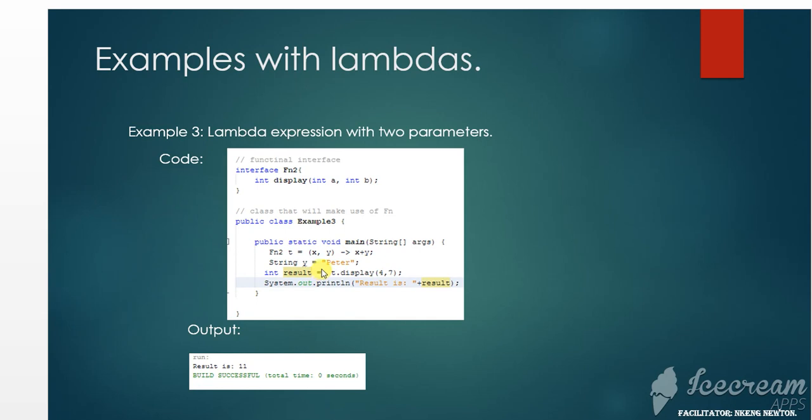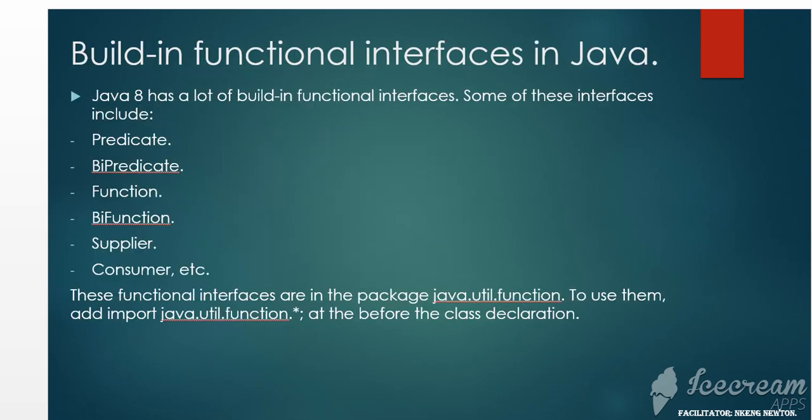This package has a lot of functional interfaces that you don't need to put in your code. You just import them in your code and use them. So these are some of the sample Lambda expressions that we have in Java. We have Predicate, BiPredicate, Function, BiFunction, Supplier, Consumer, etc., which I'm going to be showing you how to see. So guys, let me show you how to see these functional interfaces.